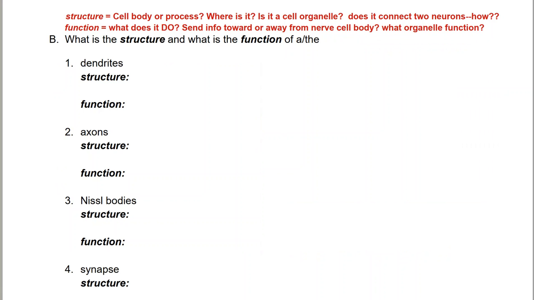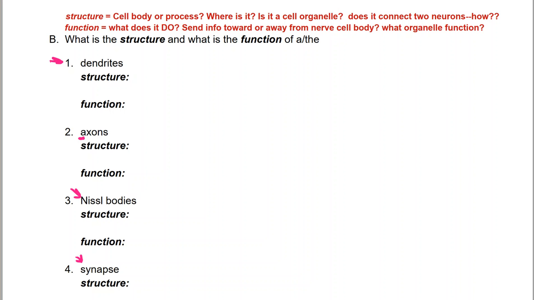So the next part of your lab is just kind of understanding some vocabulary, right? And so you're asked about the structure and function of these vocabulary words. So dendrite, axons, Nissl bodies, and synapse. So you're just kind of understanding all of that architecture. It's all in your lab manual, the first couple of pages of the chapter.